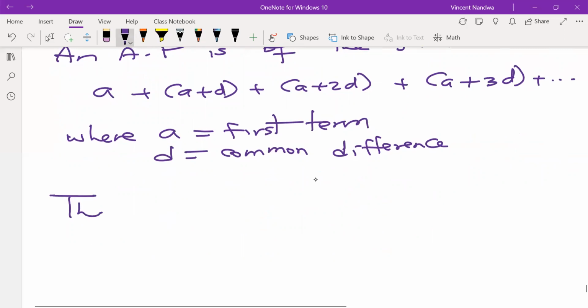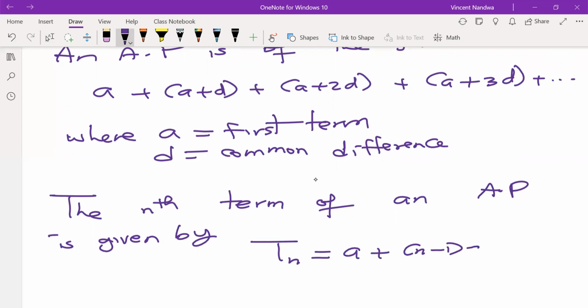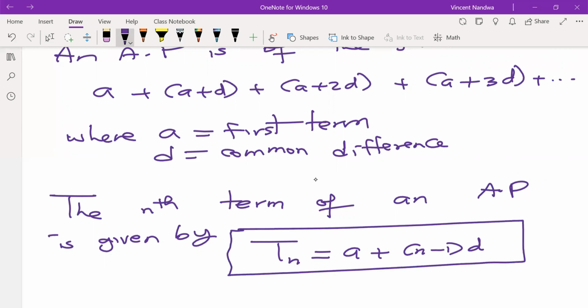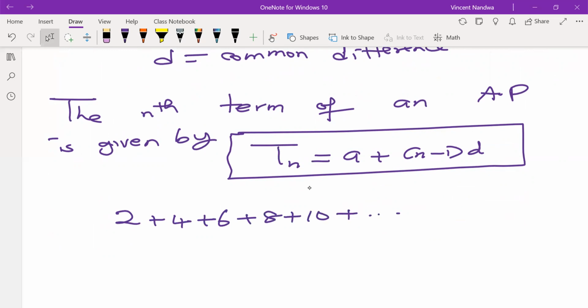So the nth term of an AP is given by Tn equals A plus n minus 1 D, just in the same way as an arithmetic sequence. Examples are 2 plus 4 plus 6 plus 8 plus 10 plus other several terms.